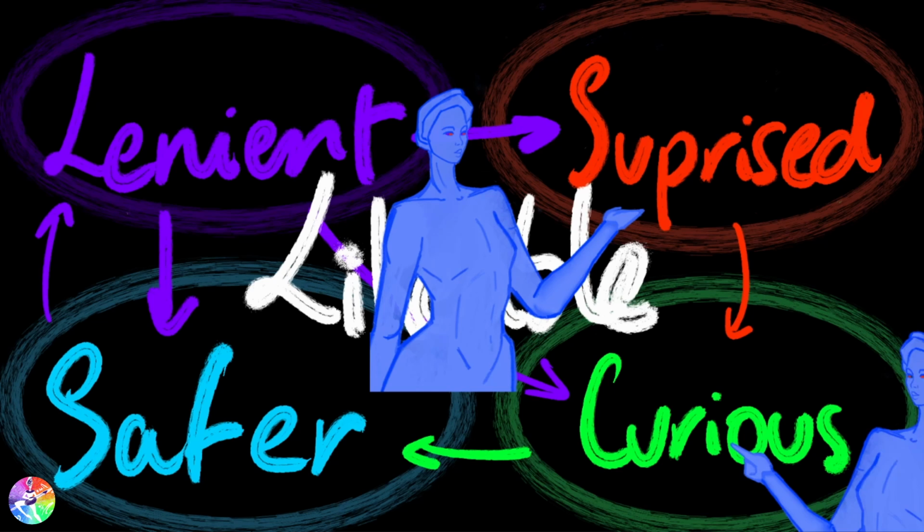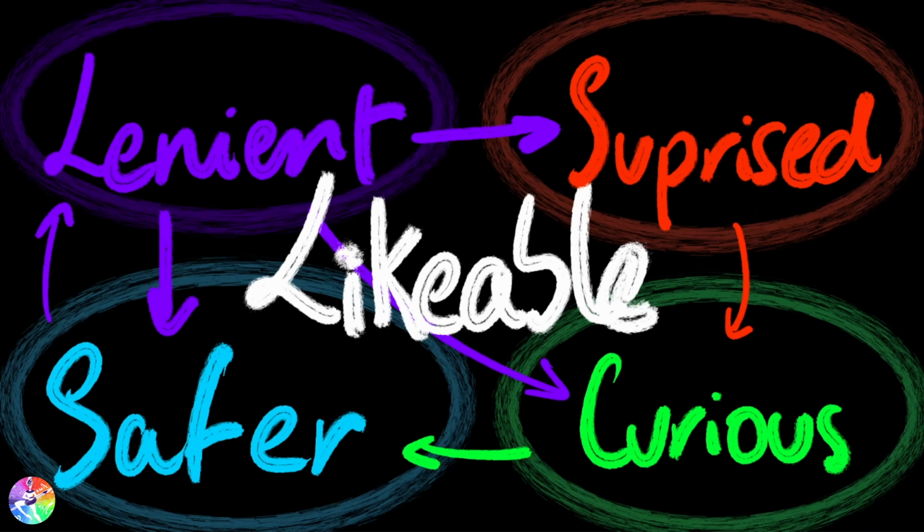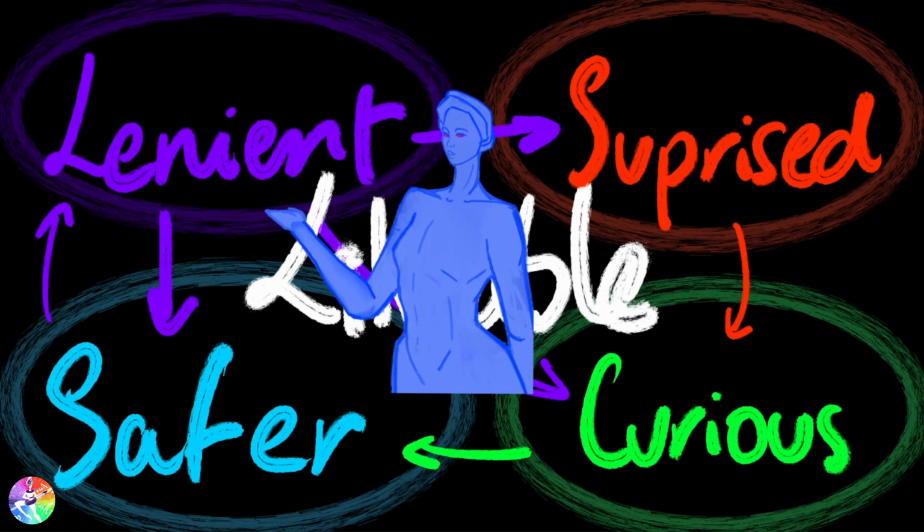Then they will go through a bargaining phase, they'll be a little bit curious, then there'll be a little sadness in them because they'll realize that they've been misjudging this lenient individual, and eventually they may want to emulate her, and they may want to become more lenient themselves.